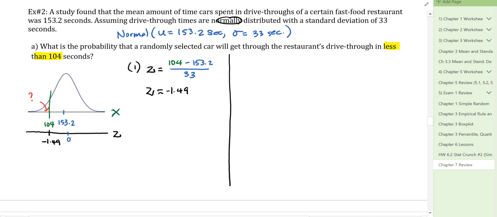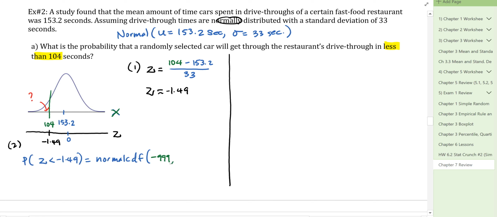Now I can find the probability on the left of z equal to negative 1.49. So the probability of z less than negative 1.49 is, in step 2, normal CDF. My lower bound is negative infinity, or negative 9999.